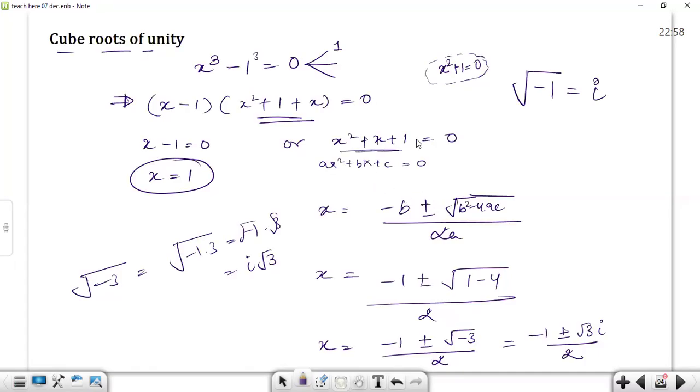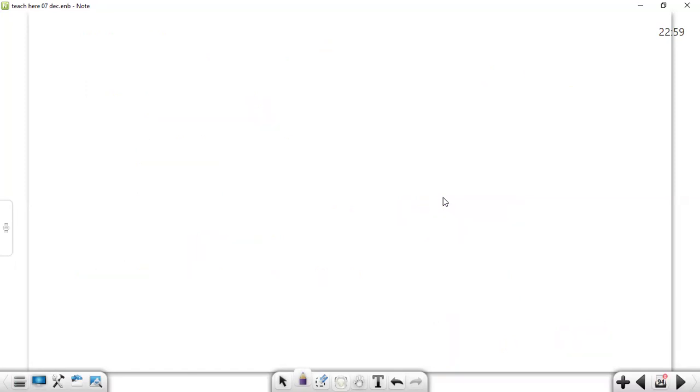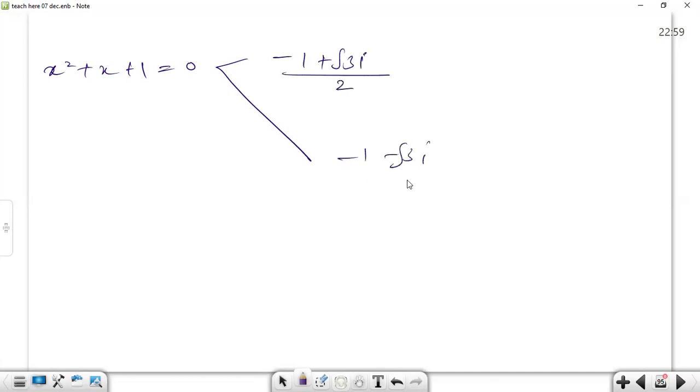We were solving this quadratic equation, x square plus x plus 1 is equal to 0, and we have found its roots, which are omega and omega square. It has 2 roots, minus 1 plus root 3 iota divided by 2 and minus 1 minus root 3 iota divided by 2.